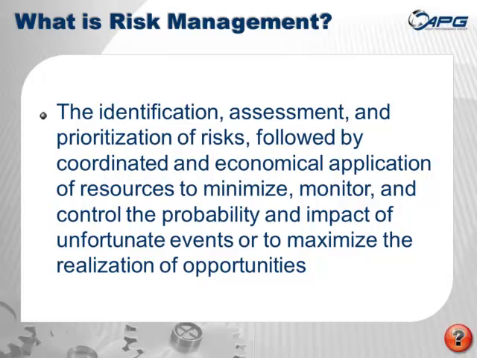We really do want to look at how best to minimize the most serious ones and monitor, and in other cases just control the probability or impact of those events. Unfortunate events do occur. We can maximize the realization of opportunities by managing that overall prospect, and that then is the method in which risk itself is managed and hopefully in some cases mitigated where it's severe.